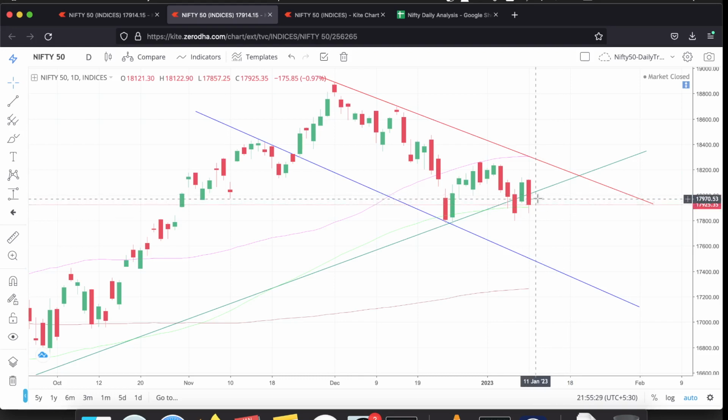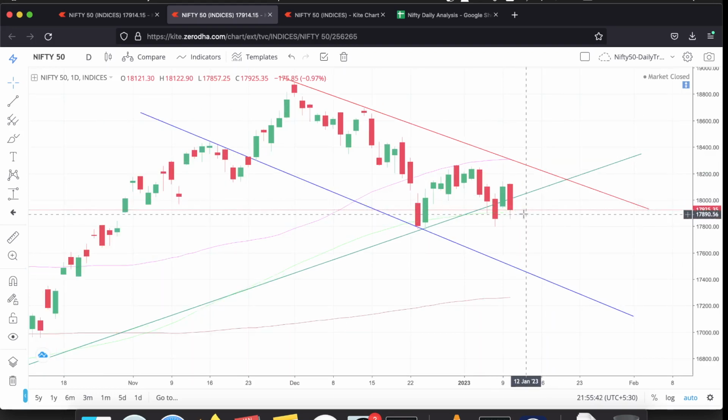One point to note here is that any resistance or support can eventually be broken down or broken above once there is sufficient momentum. So at the present candle level, the immediate support below can be the 100 EMA, that is around 17,900 level. This 17,900 level was a support on 5th Jan also.